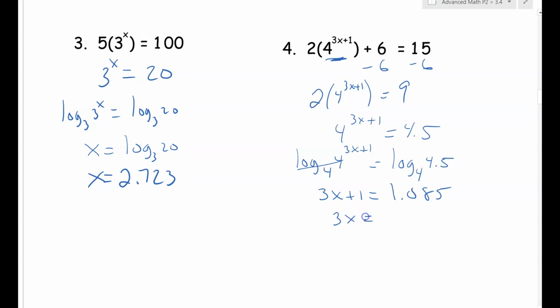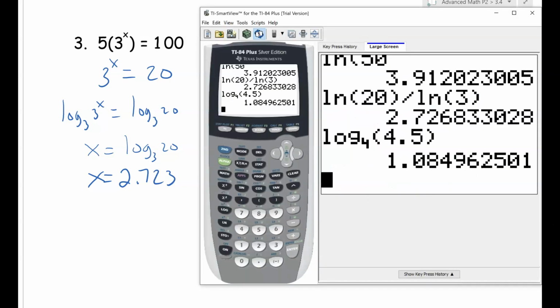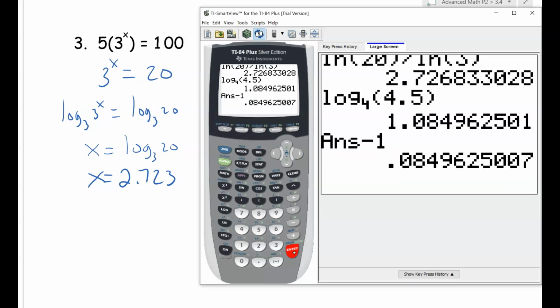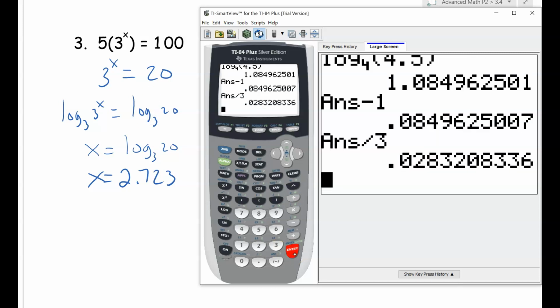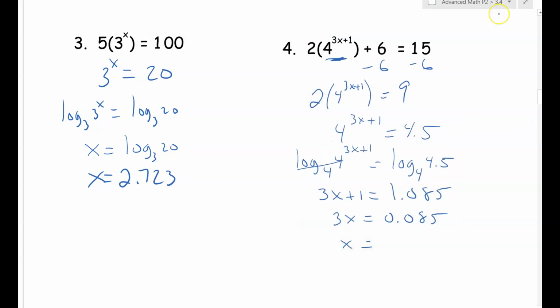So 3x plus 1 equals 1.085. So 3x equals 0.085. And then we're going to divide by 3. All right. So what do we get there? Well, I'll subtract 1 first. And then divide by 3. So 0.028.